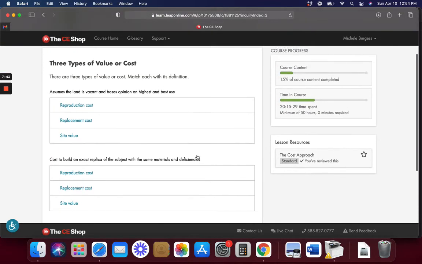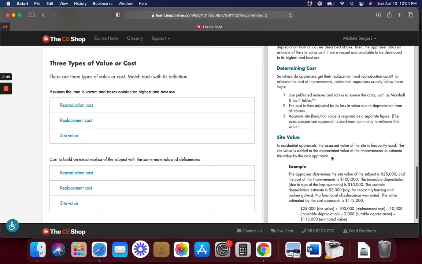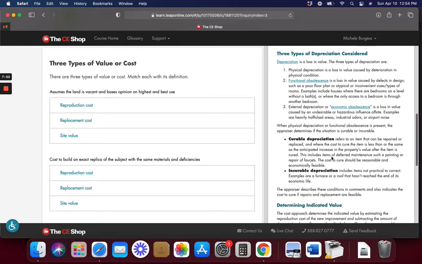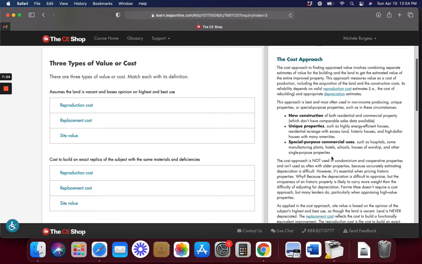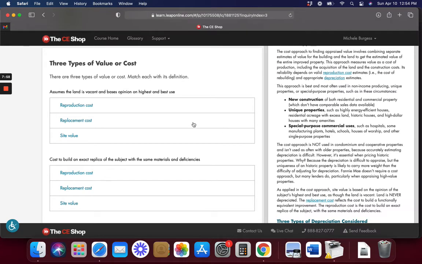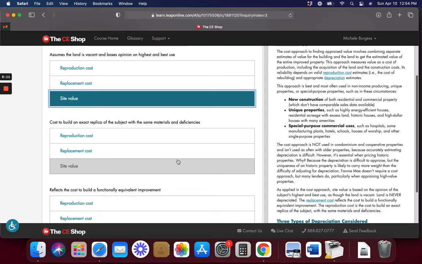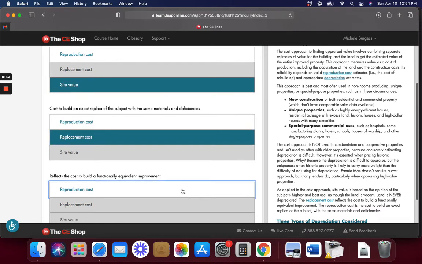All right. 3 types of value or cost: production cost, replacement cost, reproduction. The land is vacant, highest and best use, site value, replacement, reproduction.